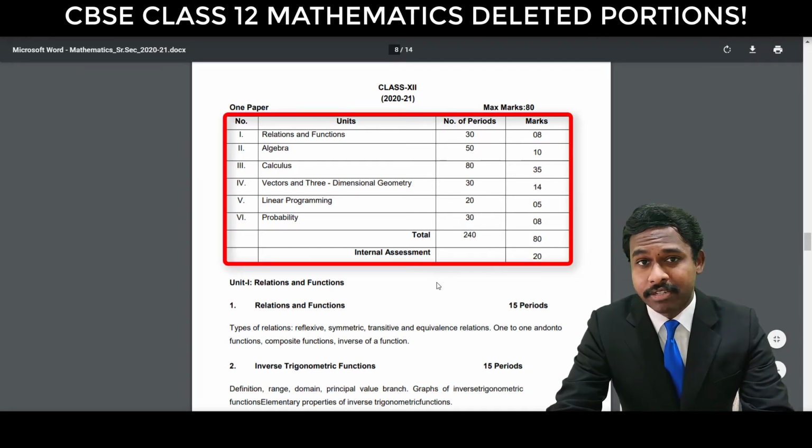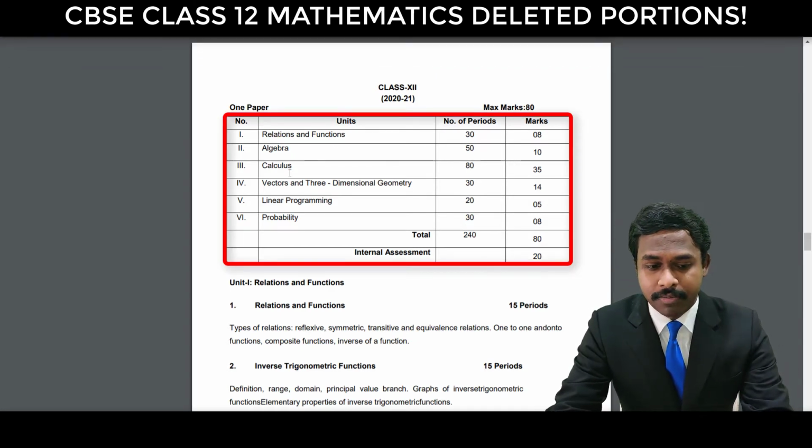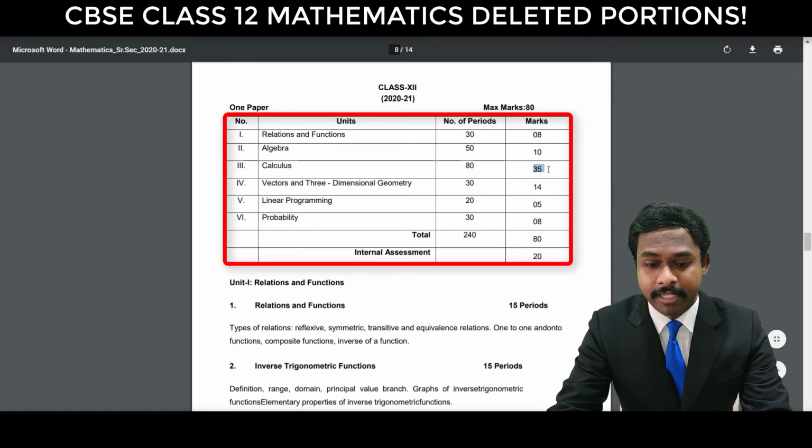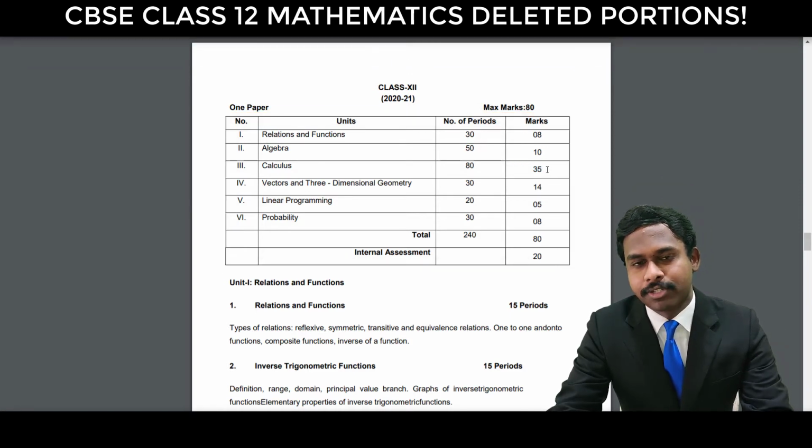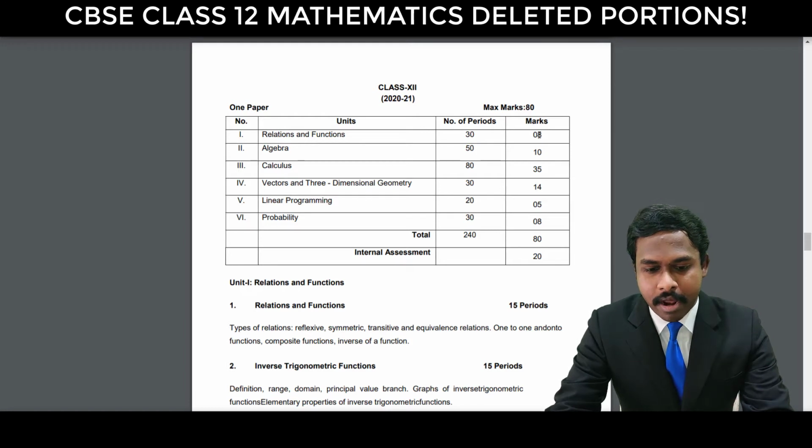So you must concentrate on relations and functions, algebra, calculus, vectors and three-dimensional geometry, linear programming, and probability, but give more importance to calculus because it carries 35 marks out of 80 marks for the board examination. You have to concentrate on calculus, most importantly on integration and differentiation.